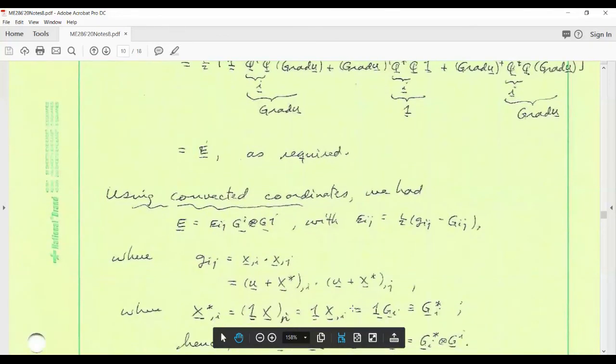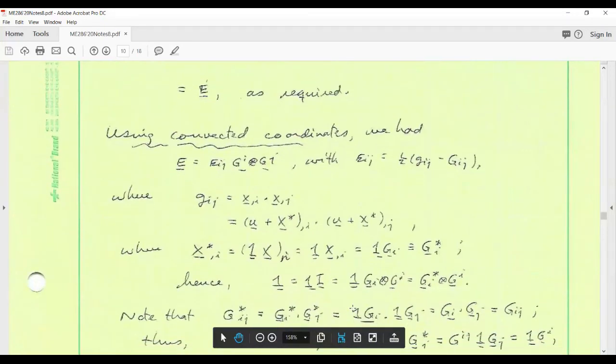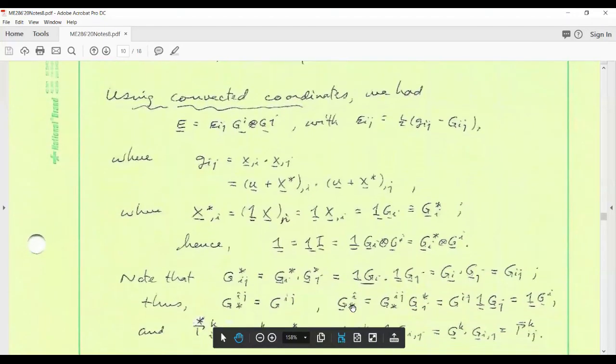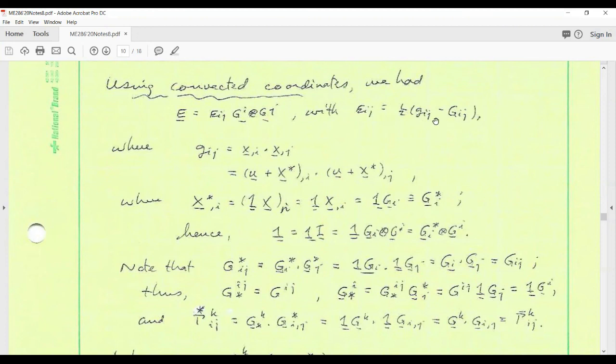By the way, I made a big point of using convective coordinates earlier in the course. Let's see how that would work. So remember, in convective coordinates, if you look back in your notes, we had this basis representation where GI was the reciprocal basis associated with the curvilinear coordinate system, and the components were just the difference in the metric, this metric in the current configuration minus the initial metric with a half in front.